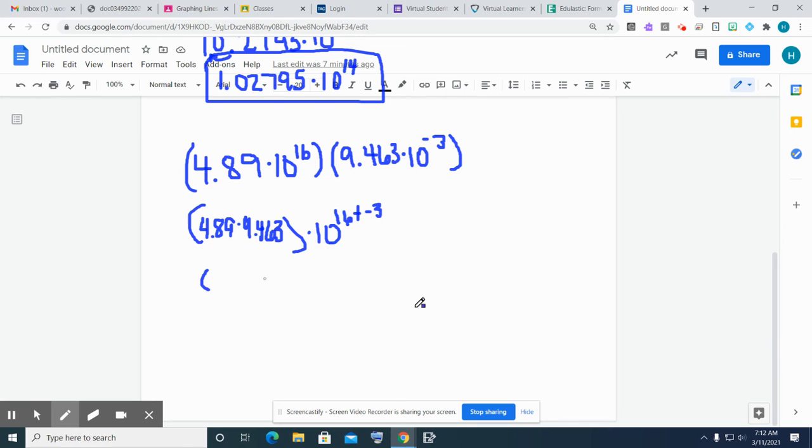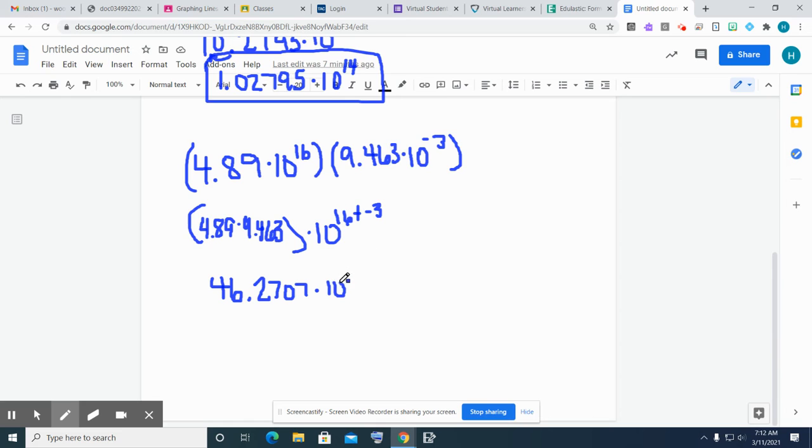So 4.89 multiplied by 9.463 gives us 46.2707.